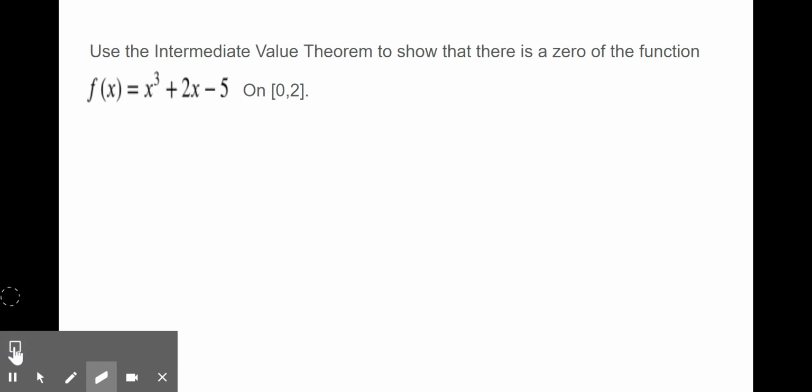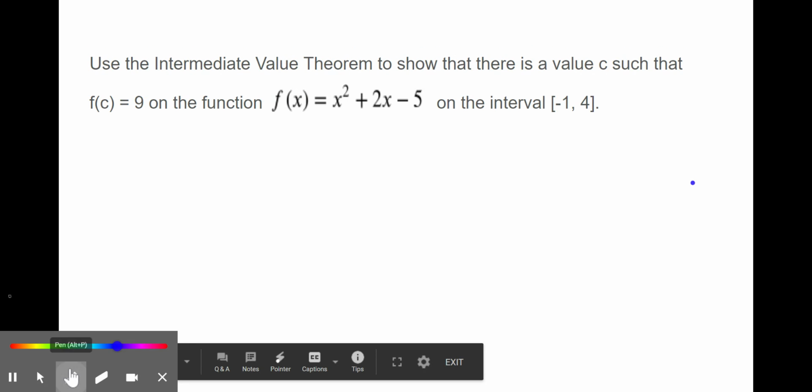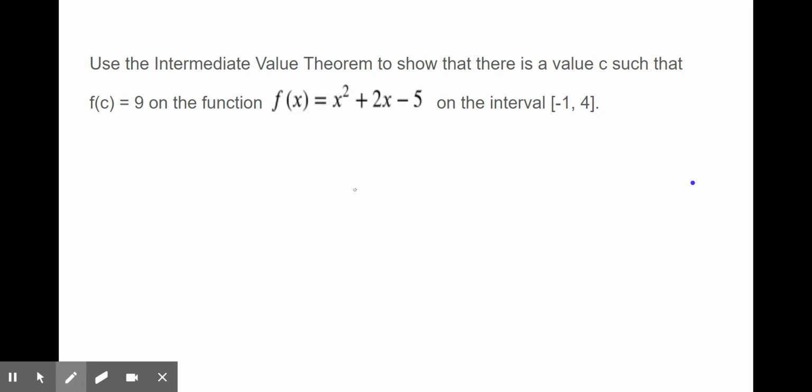Okay, we'll try one more. Same thing. Use the intermediate value theorem to show that there's a value of c such that f of c is equal to 9 for that function on the interval [-1, 4]. Well, again, I want to use the intermediate value theorem.